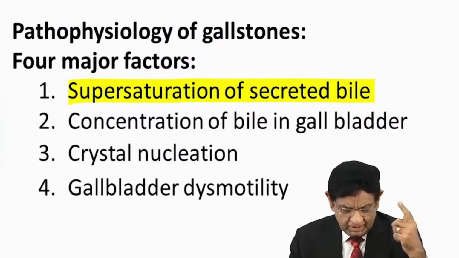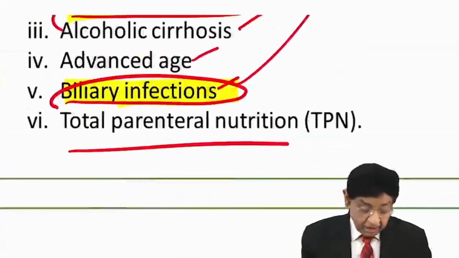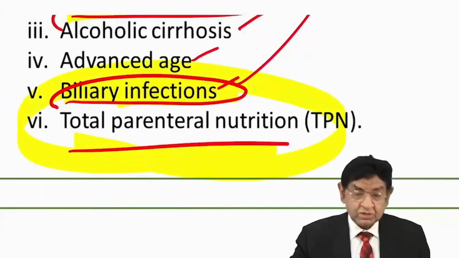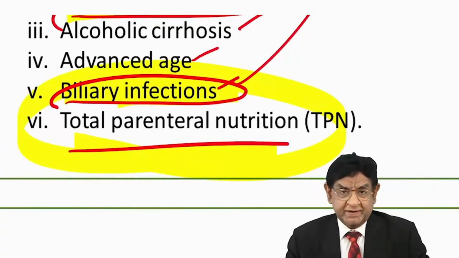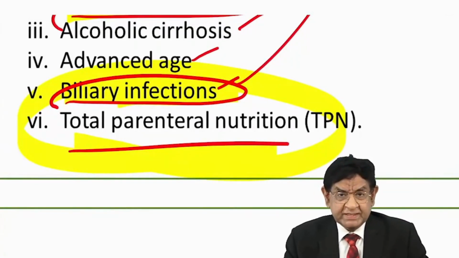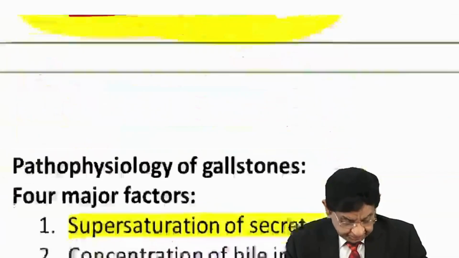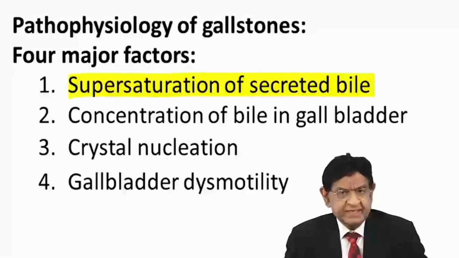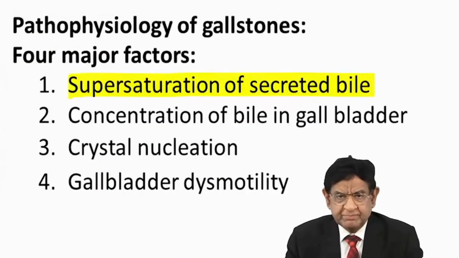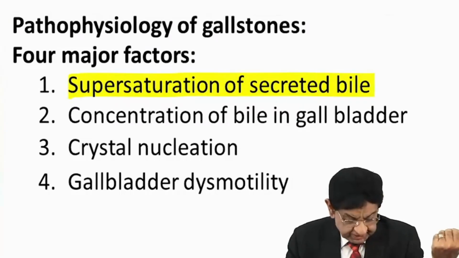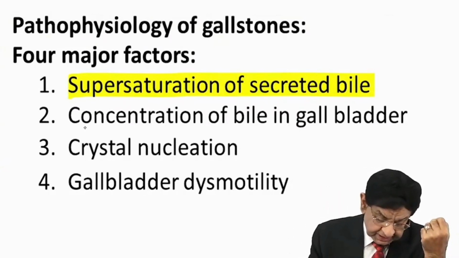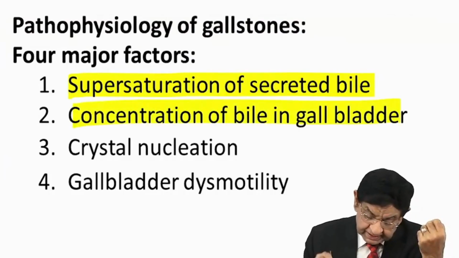Can you think about it? Yes, total parenteral nutrition. The patient is given intravenous fluids, and nothing is coming through the GIT. This is how TPN can predispose to the formation of stones. And otherwise, cystic duct blockage can also produce the same supersaturation, concentration of the bile.